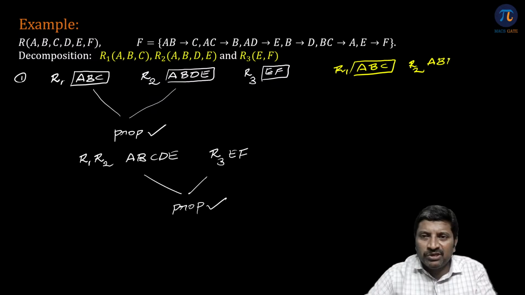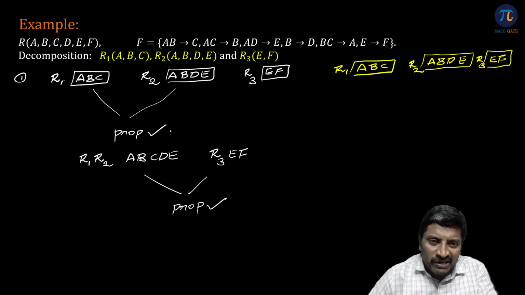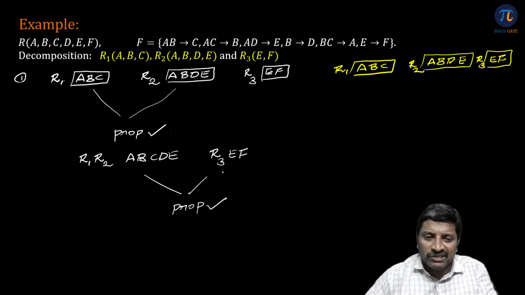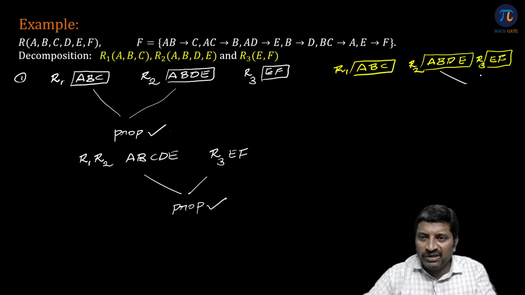In such a case, let me restore the tables again, sir. A, F. If this property has failed, then I consider the second two tables, whether they have any common attribute. Yes. Then verify the property. If the property is true, then I combine these two, R2, R3.